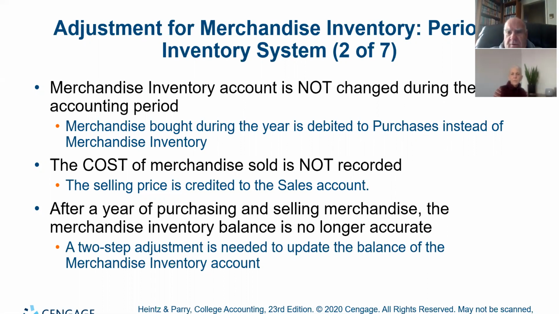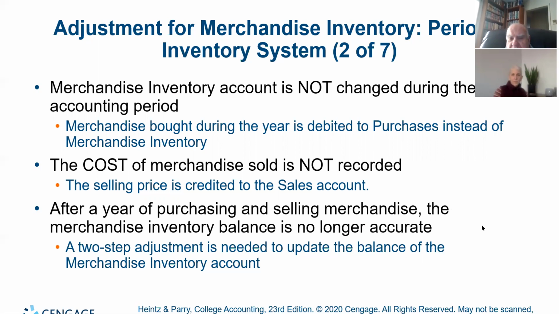So that's why you don't have to worry about an adjusting entry under the perpetual method. Here we do. So after a year of purchasing and selling things, the merchandise balance is no longer accurate. No way it's going to be accurate. A two-step entry is needed to update the balance.